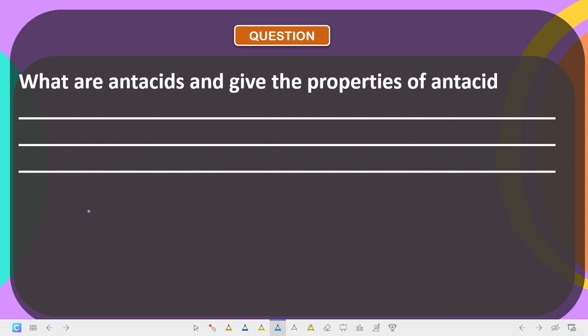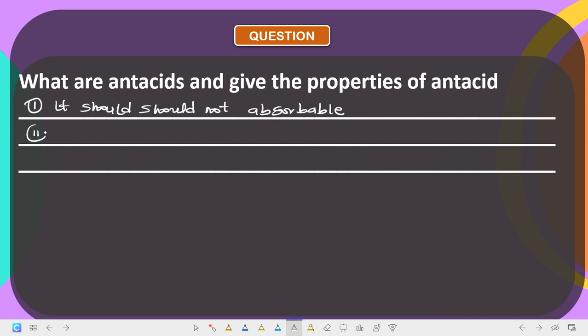Now, what are the properties of antacids? One of the properties is it should not be absorbable.